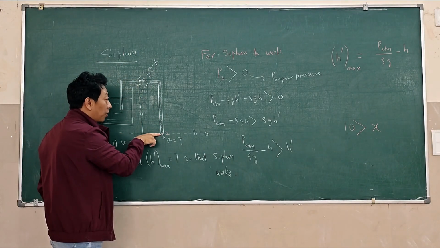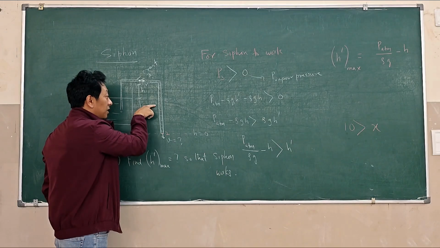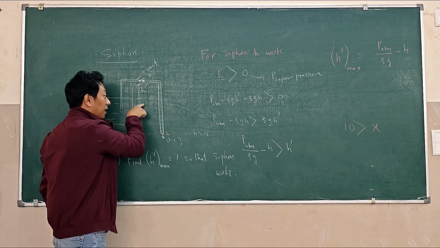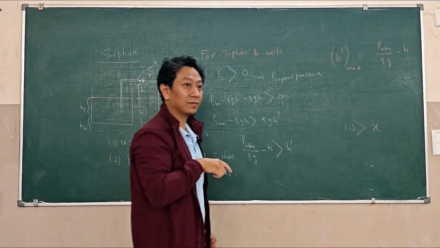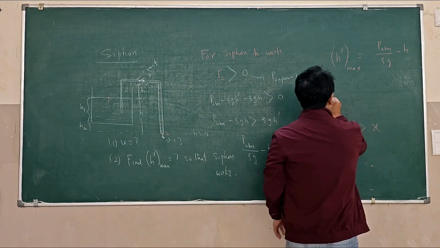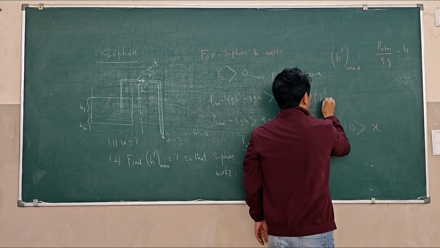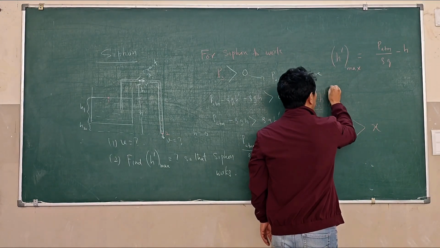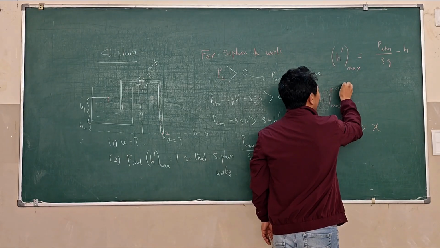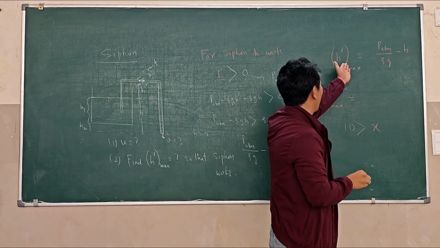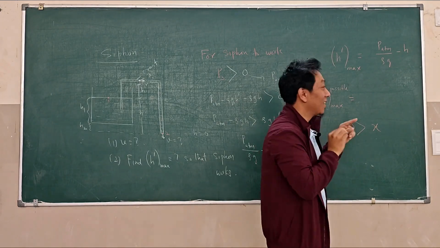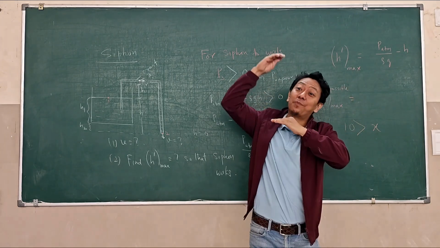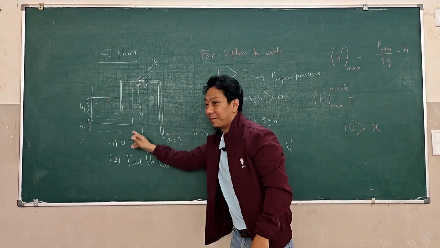But you cannot make this h less than 0. So let us calculate the maximum possible value. Students, this is the maximum height possible for this setup.